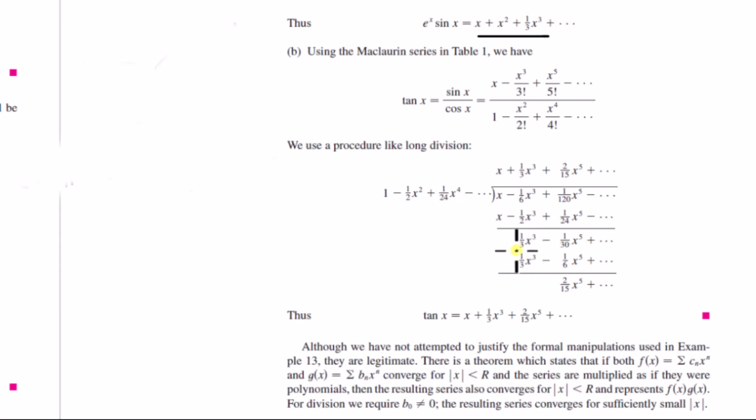Then you divide, so 1/6 plus 1/2 is 1/3. Then you do 1/3 x cubed divided by 1 is 1/3 x cubed. You put that above the x cubed. Then you multiply that times the divisor, and you get this. They subtract those two, you get this. Then you divide this by 1, put that up here, and then they stop there.